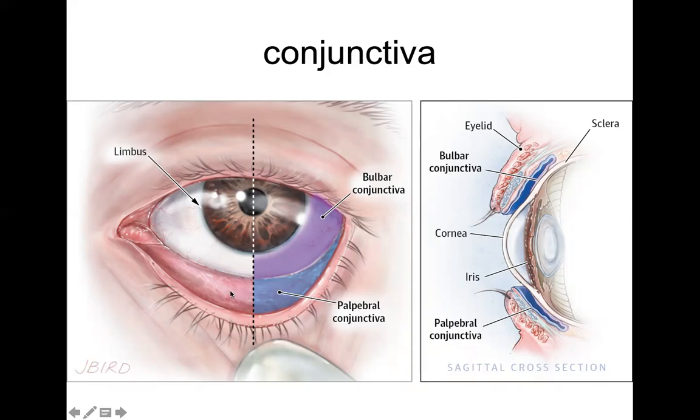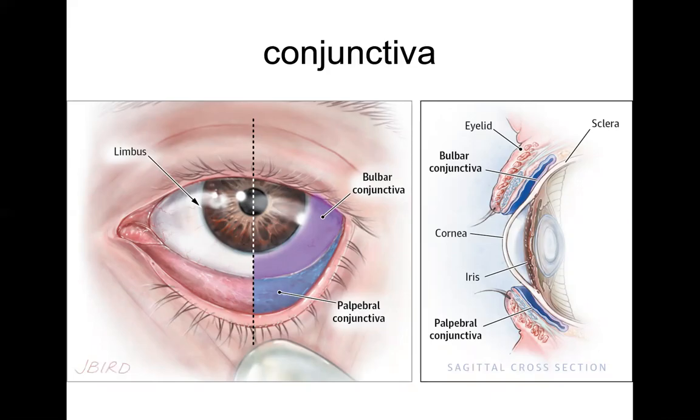Clinically speaking, we try to assess this area here for its color, whether it's pinkish or it's pale. That will actually tell us the vascularity of the conjunctiva. It will somehow give us an orientation whether the patient may be anemic or not. They may be lacking in hemoglobin.